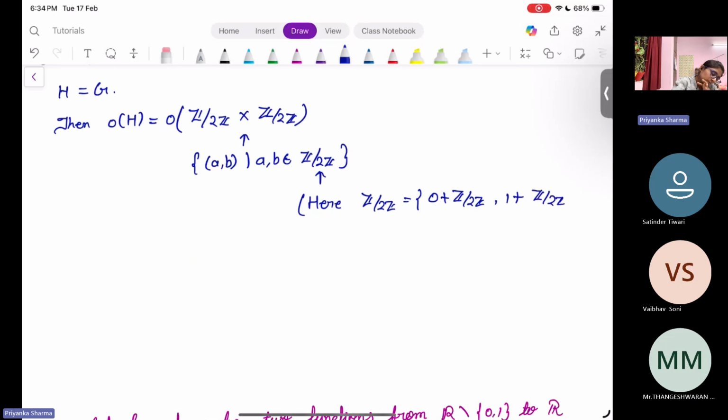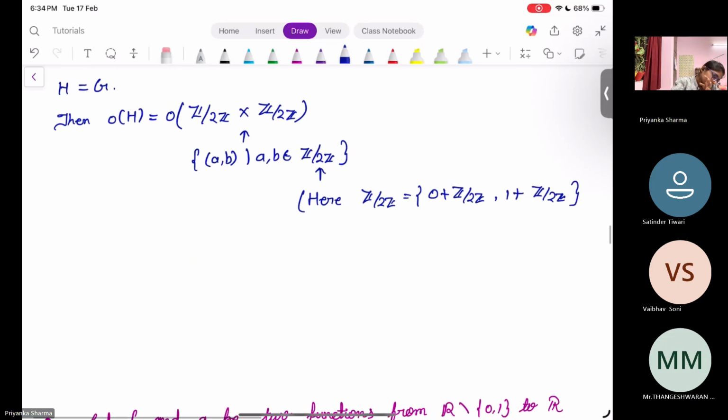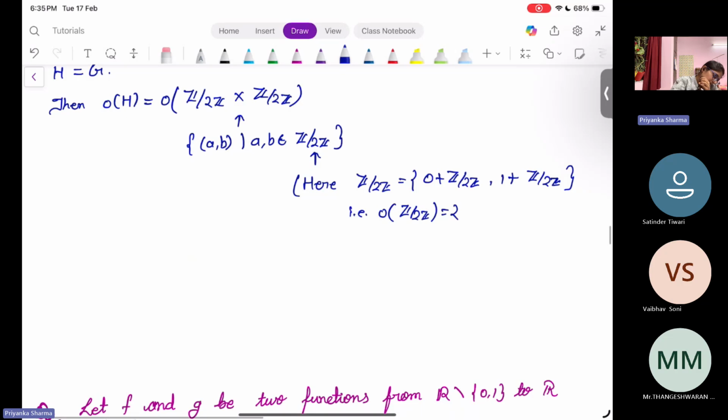Whenever you get 2 plus 2Z, you get the first element again. That is, the order of Z over 2Z is 2. Now the Cartesian product: the order of H will be 2 times 2, that is 4.